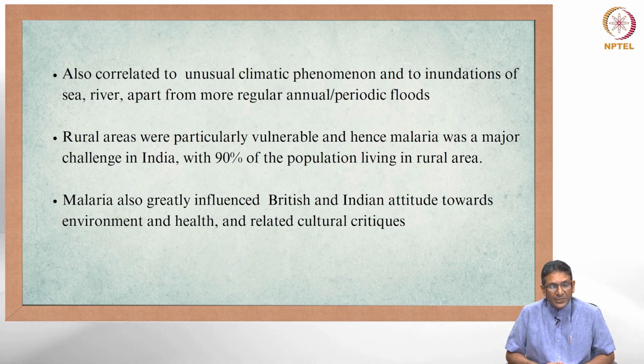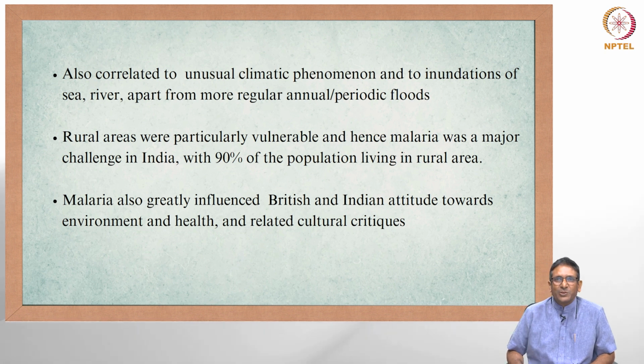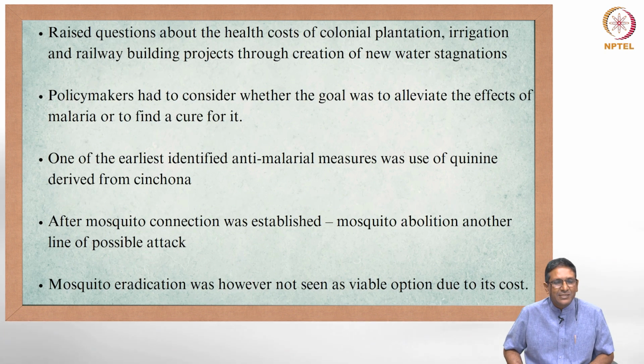And malaria, of course, as in several other diseases, also influenced the British and Indian attitude towards the environment and health, and produced its own set of cultural critiques, about which we will be seeing in a separate lecture: the cultural dimensions of some of these diseases and how people and land were characterized and caricatured in the name of addressing and describing these various diseases.